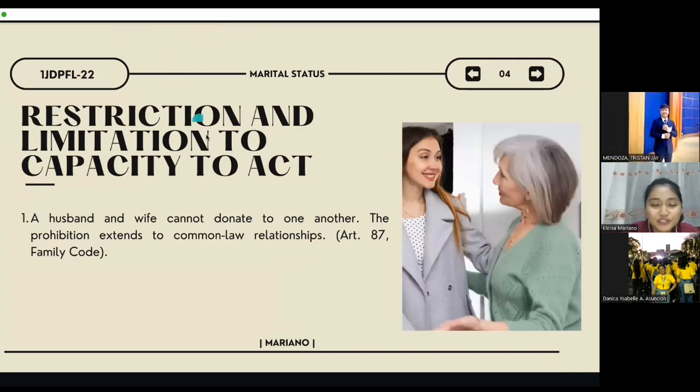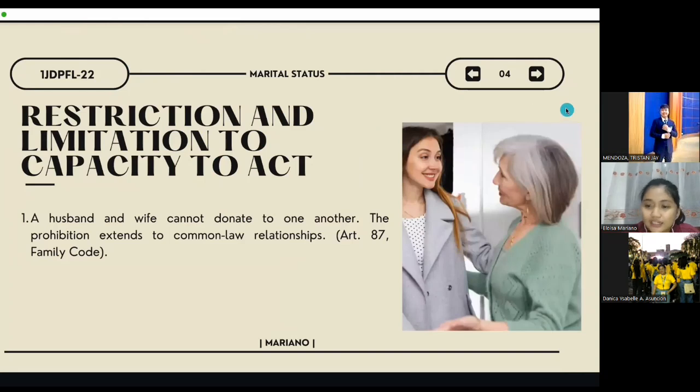For the restriction and limitation to capacity to act, we will discuss five. The first one is that a husband and wife cannot donate to one another. This prohibition extends to common law relationships. This is according to Article 87 of the Family Code. The reason for this public policy is the possibility that one may exert undue influence over the other.